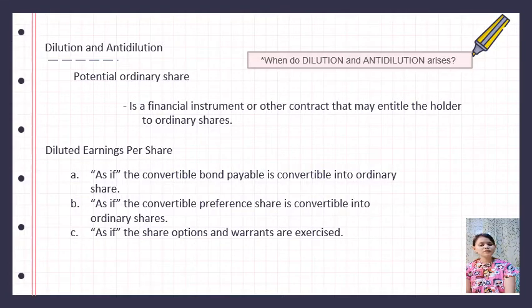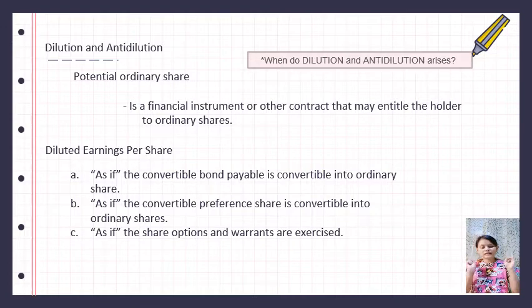So, diluted earnings per share. The computation of the diluted earnings per share is based on the as-if scenario related to the following potential ordinary shares. Letter A, as if the convertible bond payable is converted into ordinary share. Letter B, as if the convertible preference share is converted into ordinary share.